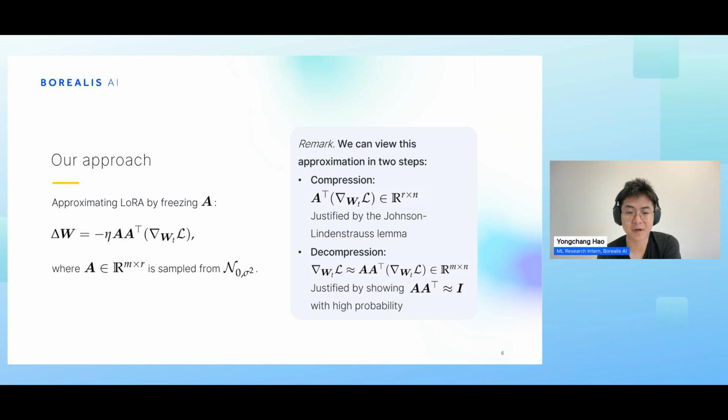The first step is compression. We first project the gradient into a low-rank space by left multiplying matrix A. This is justified by the Johnson-Lindenstrauss lemma. We can also decompress it after compression by multiplying A again. This is justified by showing A transpose A is roughly the identity matrix with high probability.